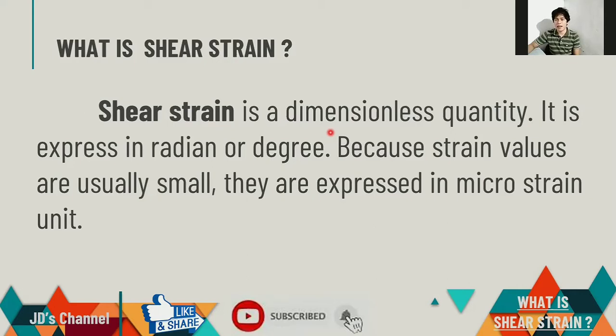Kaya siya ay ina-express lang in radian, or kung may problem na nagsasabi na express natin in degree. Pero usually yan ay naka-radian measure lang po kasi napakaliit lang ng value talaga niyang strain. Pero napakahalaga nun sa ating system. Kahit napakaliit na value, ay ang laki ng nagagawang delay or maaaring maging cause ng problem sa isang system or sa isang structure.